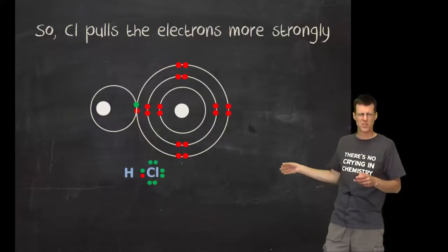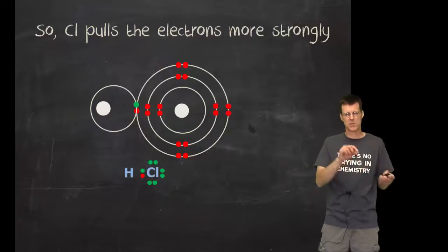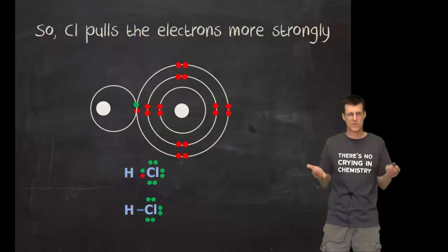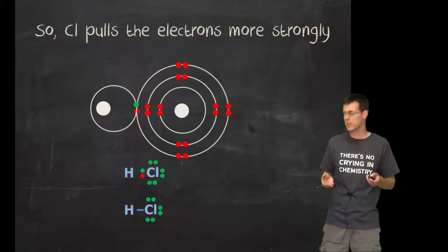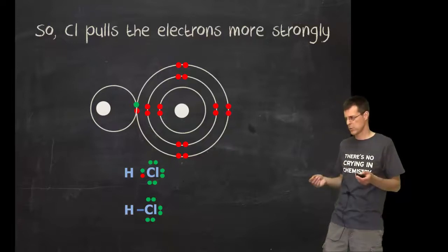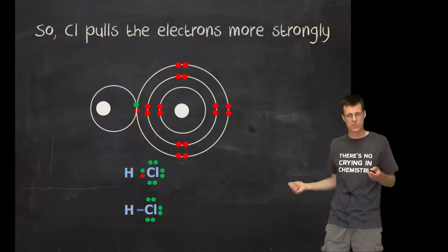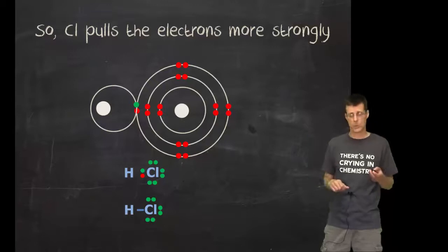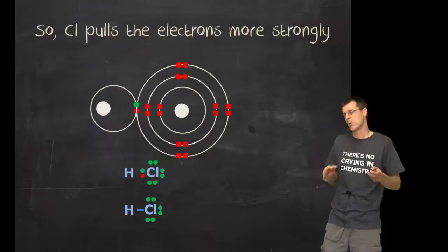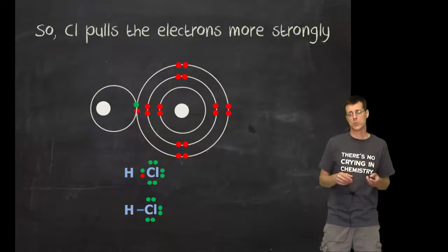We're not really going to draw the dot picture here with hydrogen and chlorine and try to figure out the spacing. And even when we draw the stick model with the line, we're still not really going to differentiate between the stick in this one versus the stick in the chlorine one. But it's something we have to think about and remember: the electrons are being pulled closer to the chlorine.